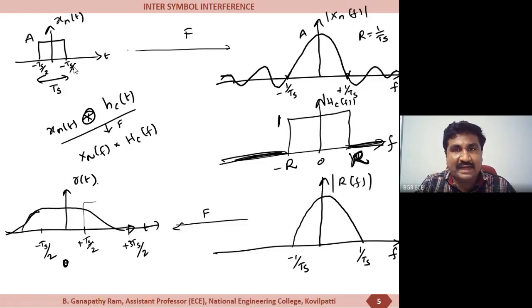Assuming the duality property, if a symbol is represented by a sinc function instead of a rectangular function, then the Fourier transform of the sinc will be the exact rectangular, band limited shape in the frequency domain, so that we can avoid inter-symbol interference.